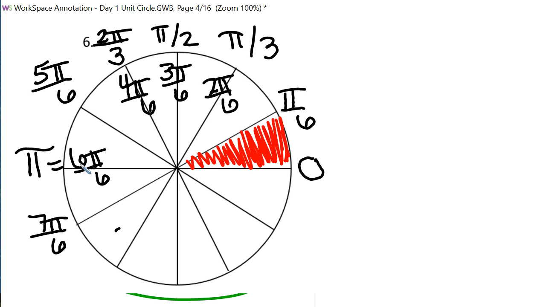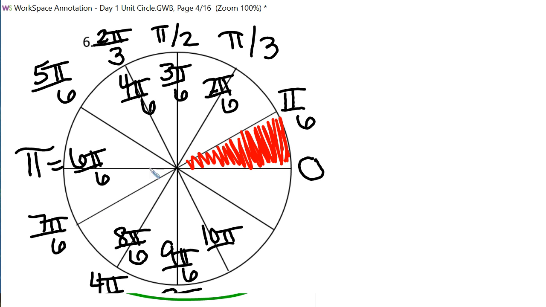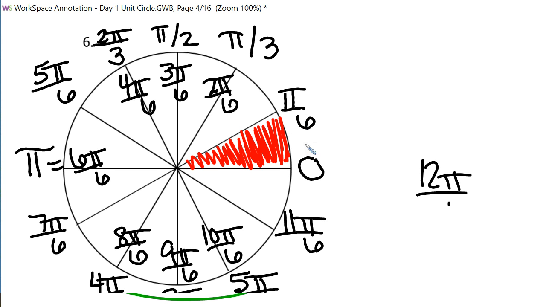The next one would be 8 pi over 6, which is equal to 4 pi over 3. The next one would be 9 pi over 6, which is equal to 3 pi over 2. And the next one would be 10 pi over 6, which is equal to 5 pi over 3. And the next one would be 11 pi over 6. And one more, 12 pi over 6 is equal to 2 pi.